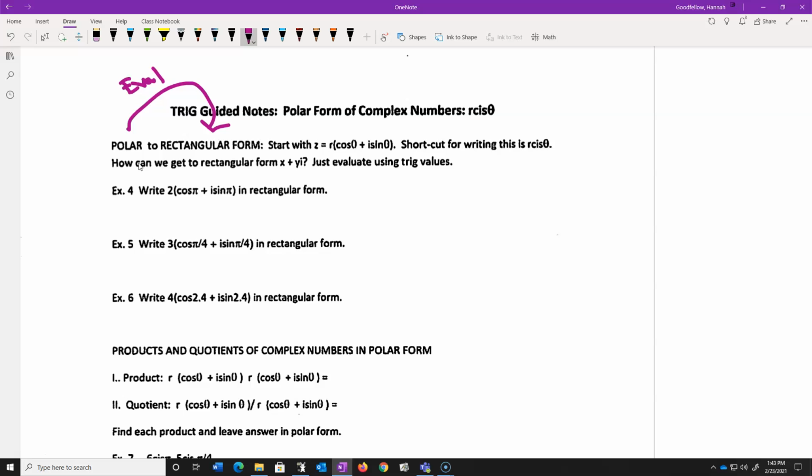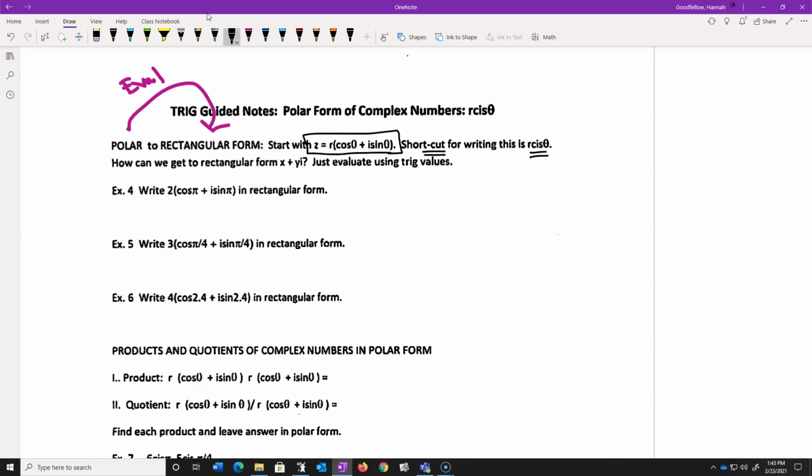Here's an example of what I'm talking about. You're going to start with a polar complex version of it, and then you're going to evaluate it. Now, this is where they start to discuss the shortcut. We don't like to write all of this out, so what we write is r cis theta.